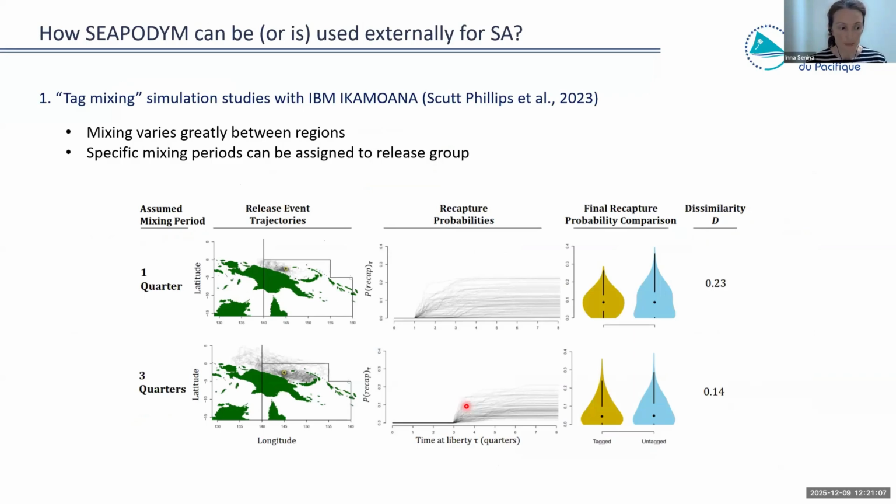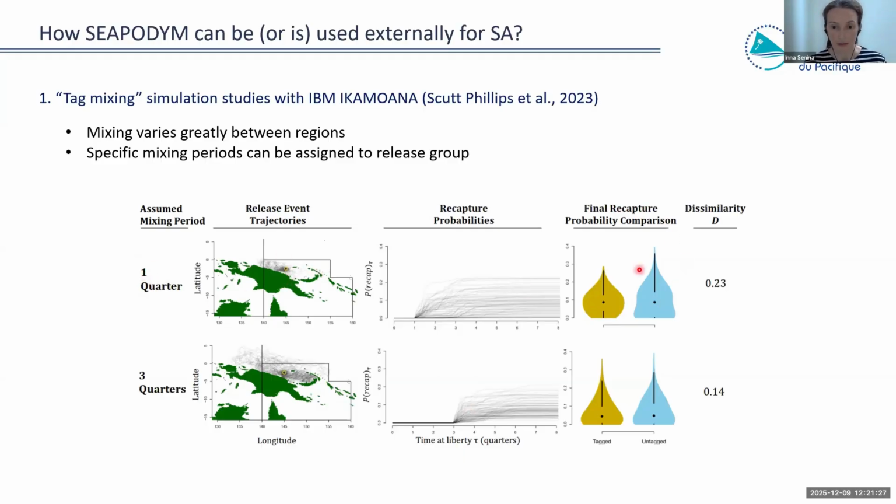So he simulated the CPDIM solution with the individual-based model, having this baseline solution for the entire population and then releasing the tags. So for the subpopulation, he was able to figure out how many months or quarters are needed for good mixing.